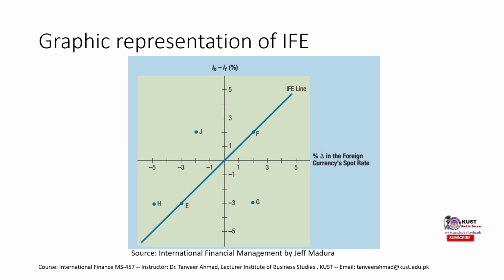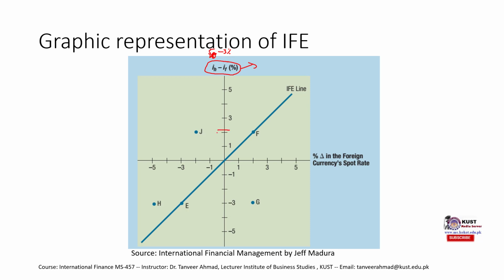The approximate change in interest rate differential would lead to an approximate change in foreign currency exchange rate. If the home country interest rate is, say, 5%, and the foreign country's interest rate is 3%, then this IH minus IF, which is the interest rate differential, would be plus 2.